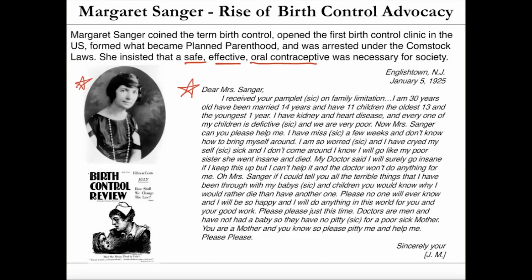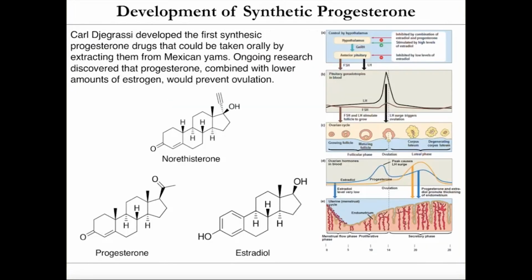And so Margaret Sanger is a central figure in the rise of birth control advocacy and the rise of the pill. One of the first steps in actually realizing that dream of finding a safe, effective oral contraceptive was the development of synthetic progesterone, so synthetic hormones.